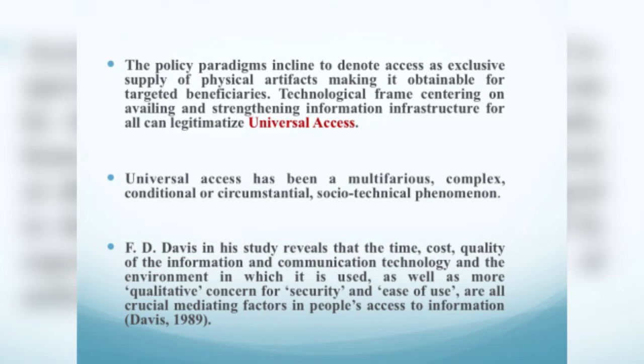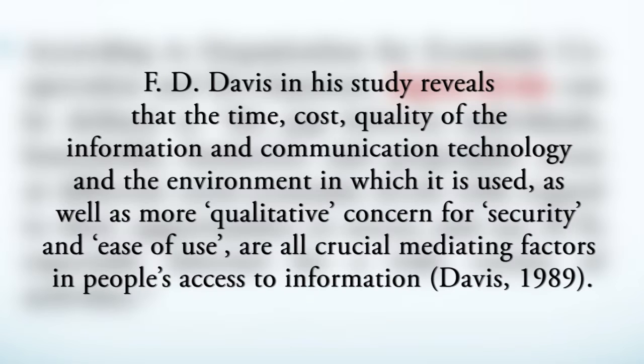Universal access is a multifarious, complex, conditional and circumstantial socio-technological phenomenon. The Vision study reveals that the time, cost and quality of the information and communication technology and the environment in which it is used, as well as more qualitative concerns for security and ease of use, are all crucial mediating factors in people's access to information.